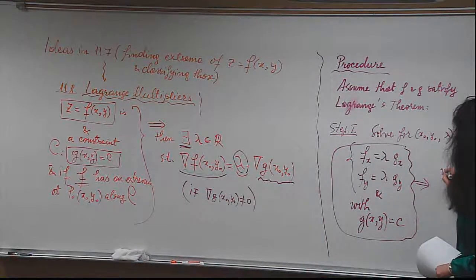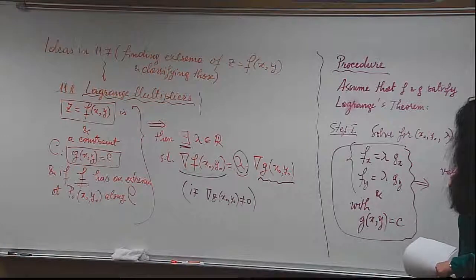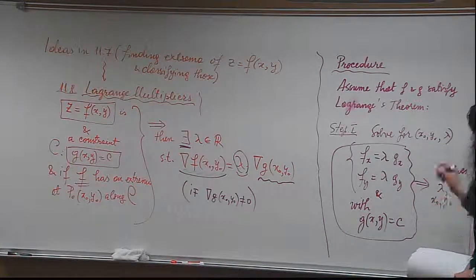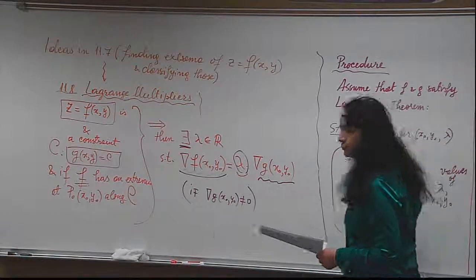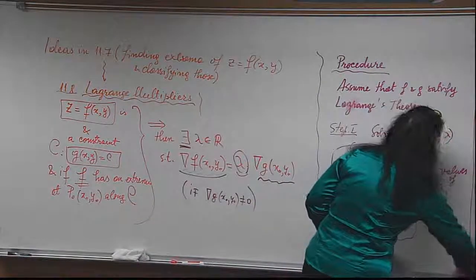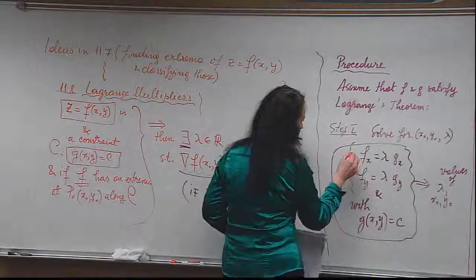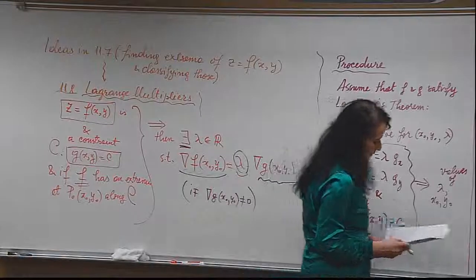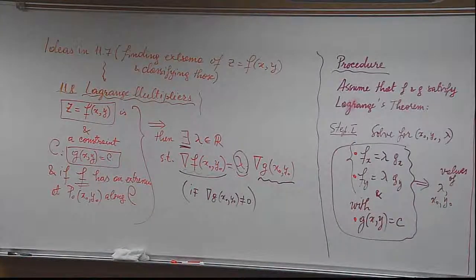You get the values of lambda, x0, y0 that satisfy the system. You have to satisfy all the three equations. I'm going to put them in bullets, red bullets. You don't have colors, but I do.